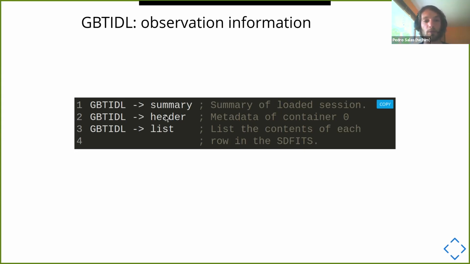If you use the header command, you will get the metadata of the PDC. And if you use the list command, then you will get information for every row in the SDFITS. This is usually a lot of information, because one scan can have hundreds of rows.